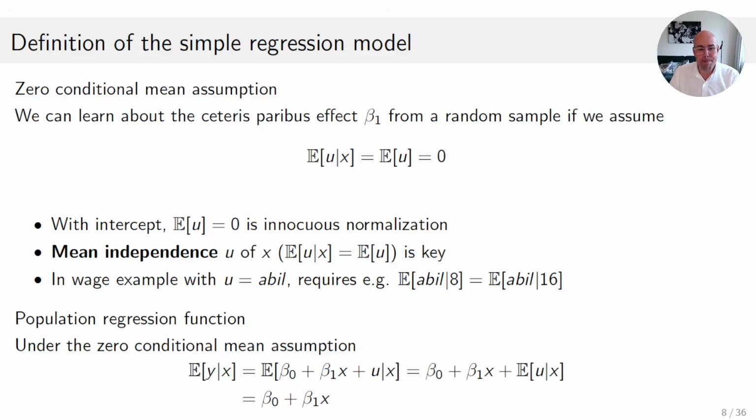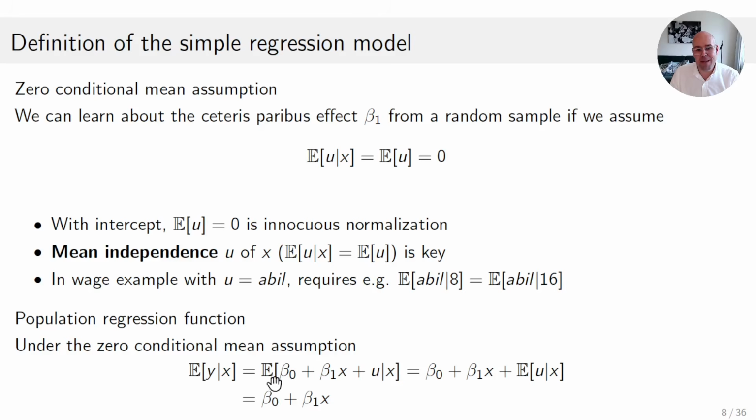Now, under the zero conditional mean assumption, what we get, and this comes from the linearity of the model, in the end of the day, of this equation that y is beta naught plus beta 1x plus u, is that the expectation of y given x is the expectation of, we just plug in y here, beta naught plus beta 1x plus u given x.